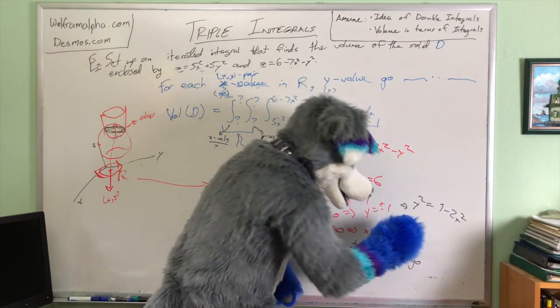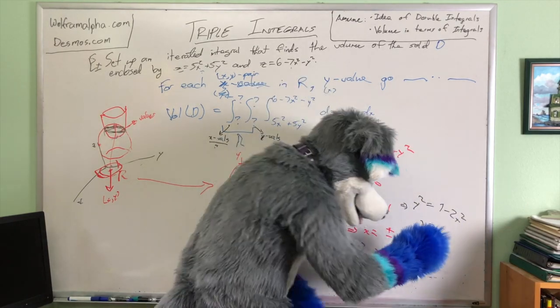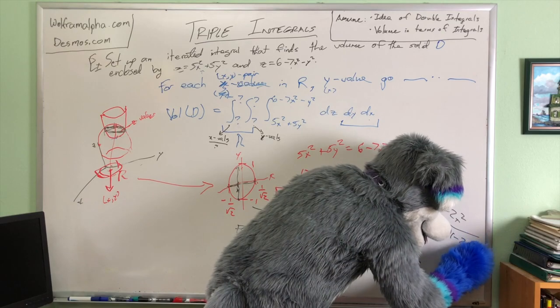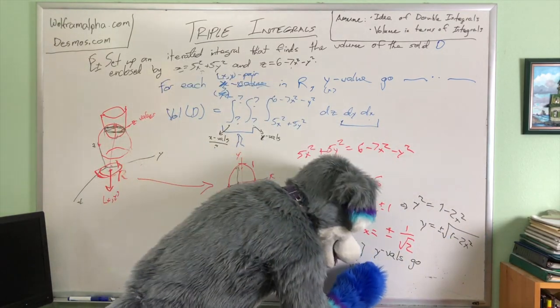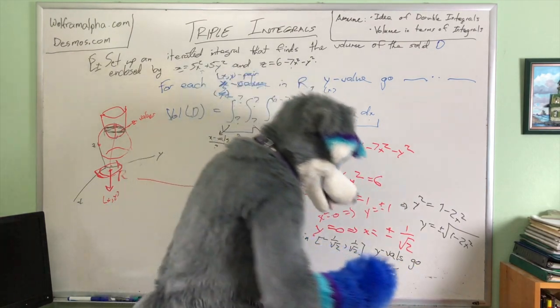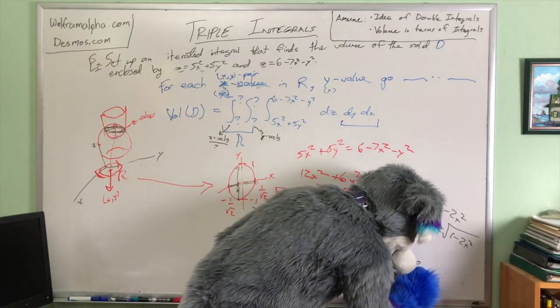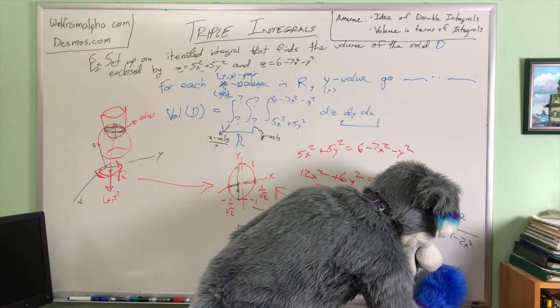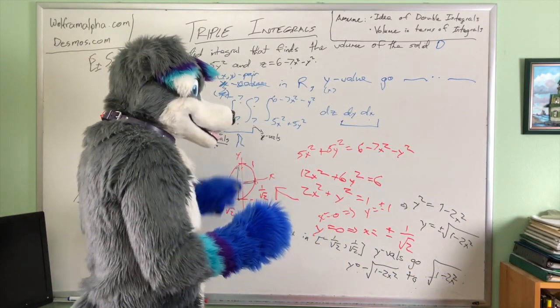Then I take a square root. Plus or minus. Don't forget the plus or minus. So you go y equals, the bottom would be the negative square root of 1 minus 2x squared, to the positive. So that's what gives you these limits of integration.